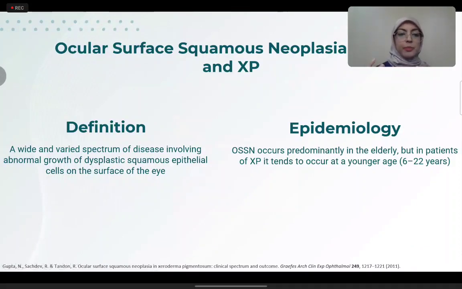What is the connection between ocular surface squamous neoplasia and XP? OSSN, as has been mentioned before, is a wide spectrum of disease involving abnormal growth of dysplastic squamous epithelial cells on the surface of the eye.